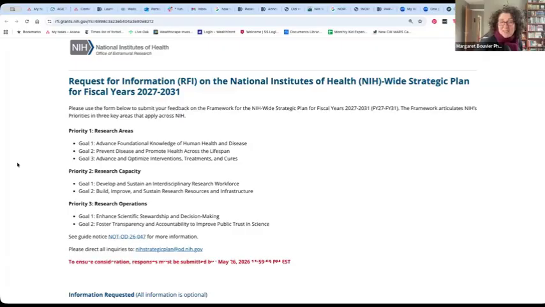But I would argue that there could not possibly be a more important time for the scientific community to participate in a strategic planning process than right now. Remember that this is for fiscal years 2027 to 2031. Most of that time period will not exist during the current administration.